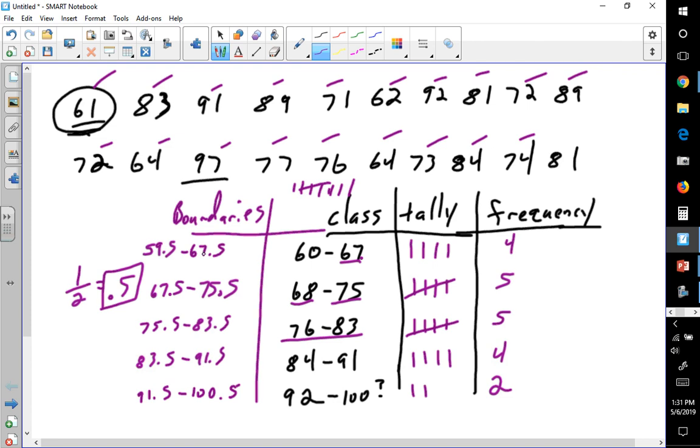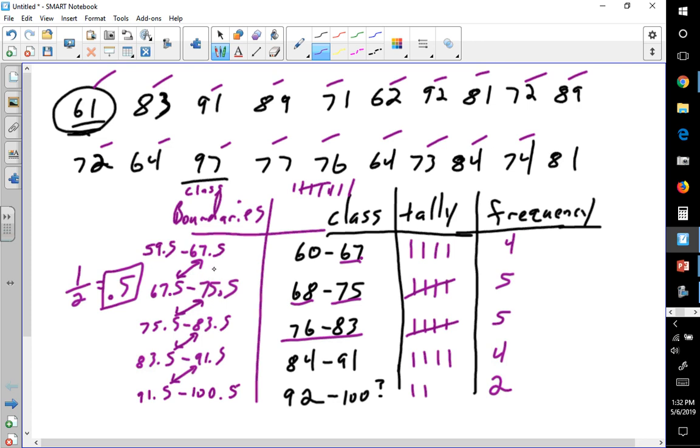Well, what's the difference between 67.5 and 59.5? 8, if you subtract those. Also notice there are no gaps between our successive classes. So that's the difference between these are class limits, but these are class boundaries.